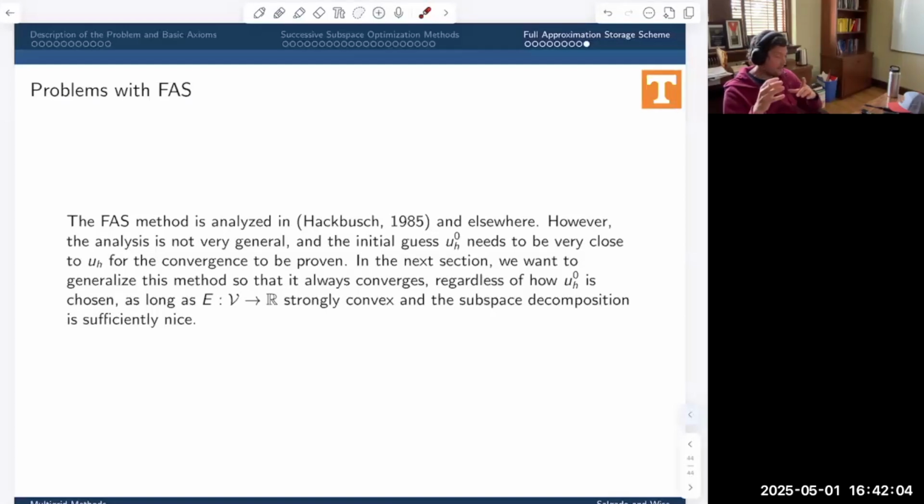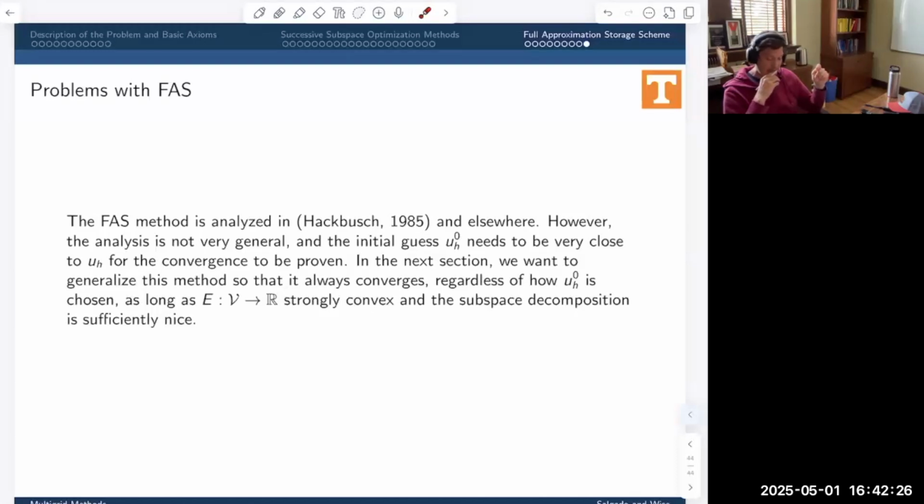I don't have an example to show you that, unfortunately, in this set of notes, but I can tell you from my experience that the FAS method for certain nonlinear equations can converge just as rapidly as the linear two-grid method, which is quite nice. There are some downsides.